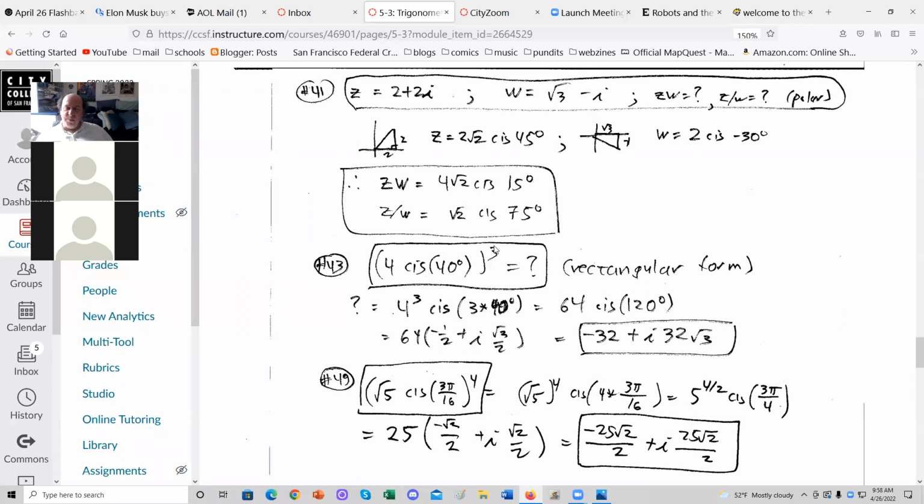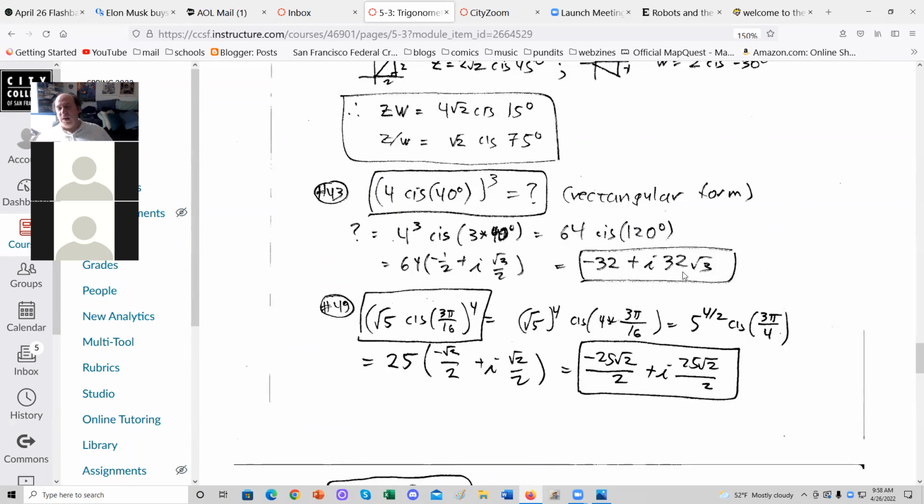Now here we're going to find some powers. 4 cis 40 degrees to the third power. Here, let's find the rectangular form. Okay, a third power, you take the third power of the length, 4 cubed. We take 3 times the angle, 3 times 40. So it's 4 to the third cis 3 times 40. 4 to the third is 64. 3 times 40 is 120 degrees. 64 cis 120 degrees.